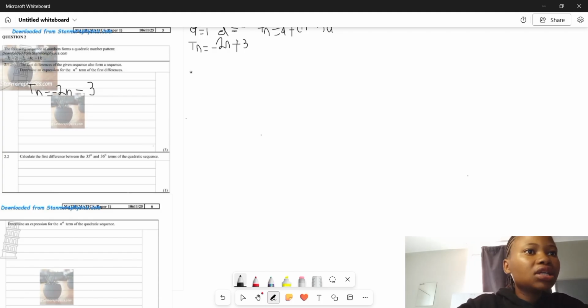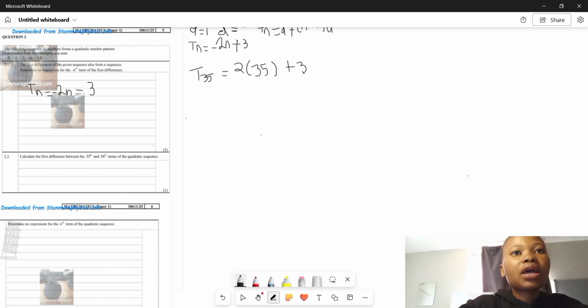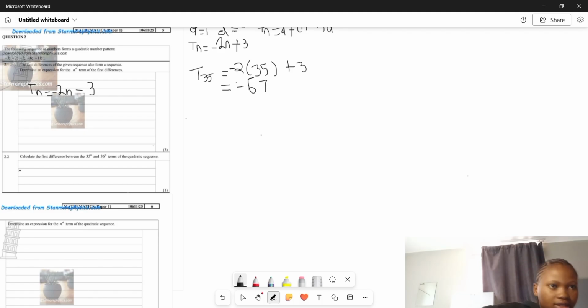Now they tell us to calculate the first difference between 35 and 36. So T35 is going to be -2 times the nth term, which is 35, plus 3. So we are going to multiply it and get our answer, which is -67. That is our answer.